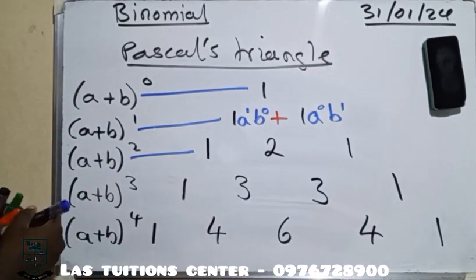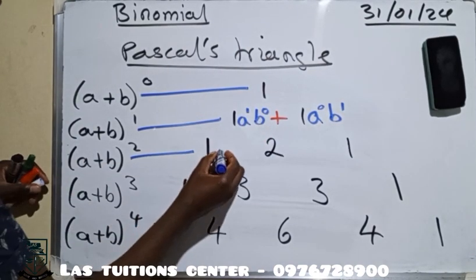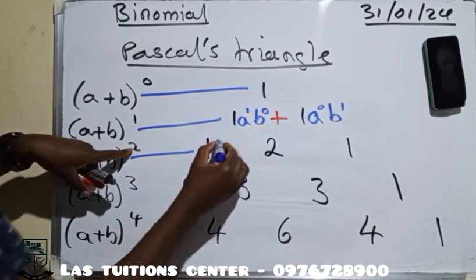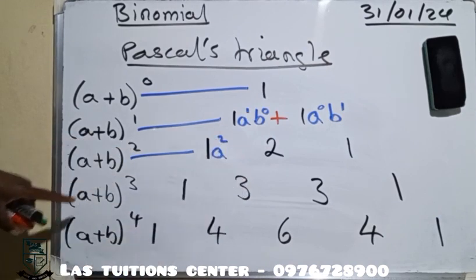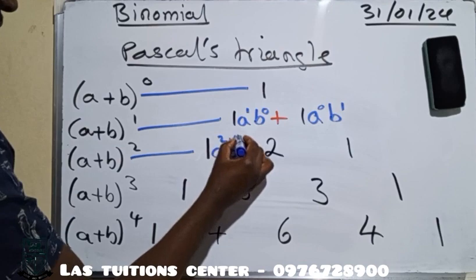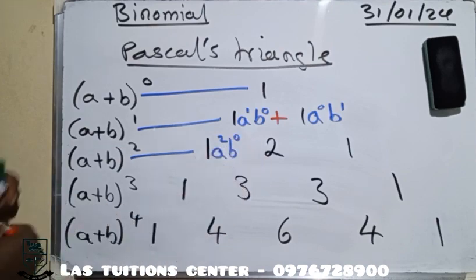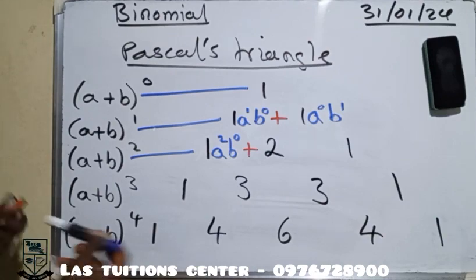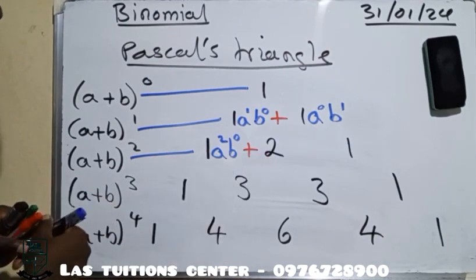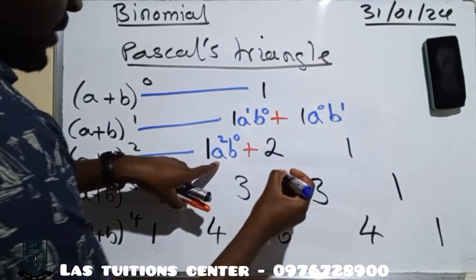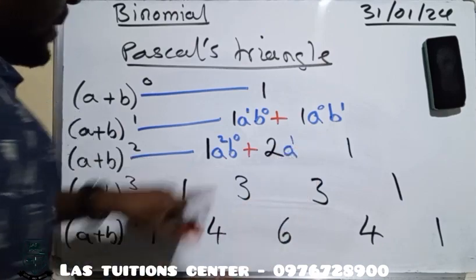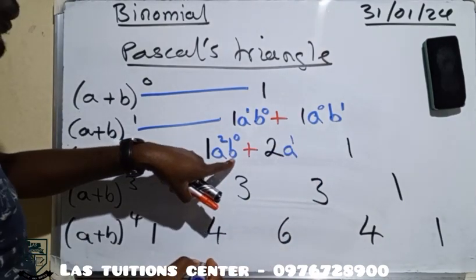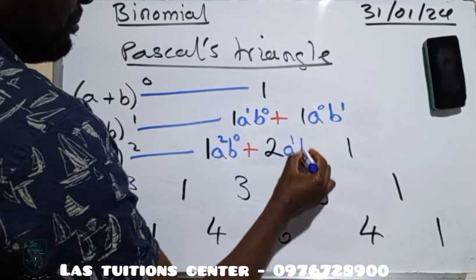So we go to this one, we have a, it will be to the power 2, since we have the biggest power to be 2. Then b will have a 0. Then we are saying plus. Then we go to the next term, the a will reduce by 1, so it will be a to the power 1. The b will gain a 1 from 0, so it will be b to the power 1.